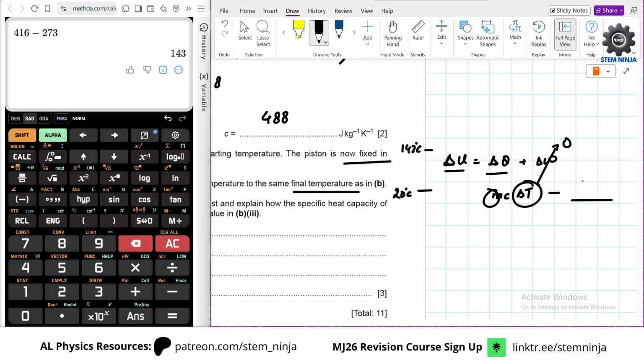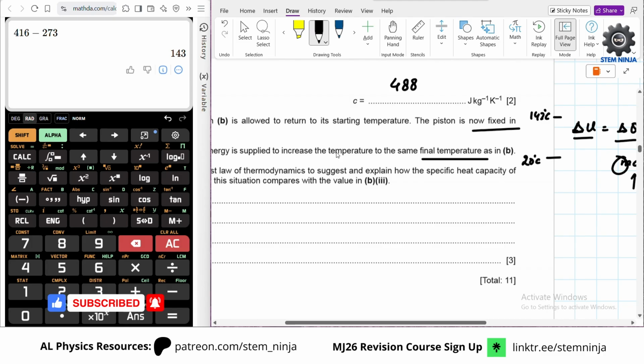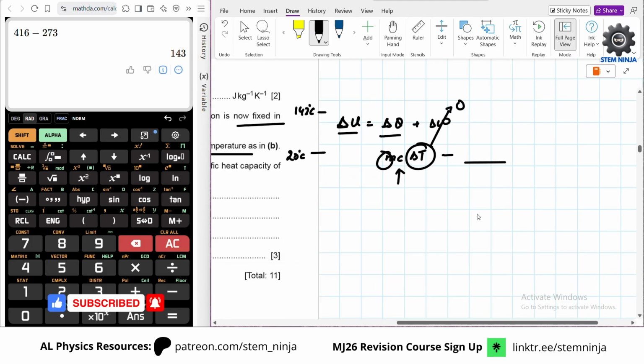So when this was present, the work, the specific heat capacity was first impacted. So now we can actually test the values also. So basically we had 5.25 over here.